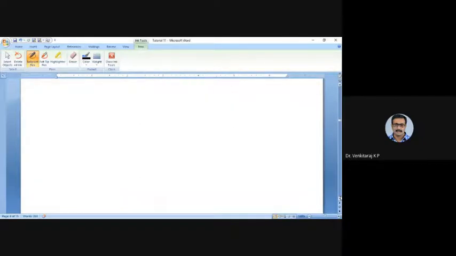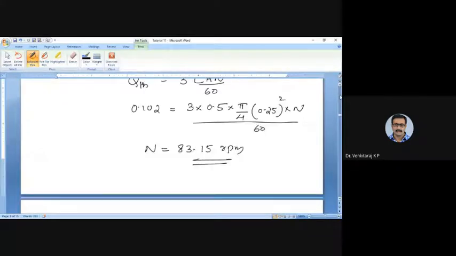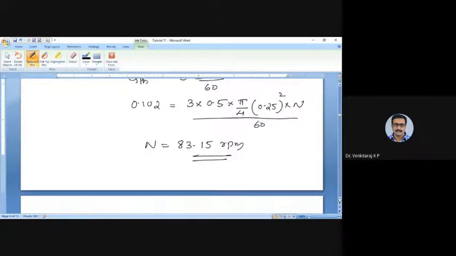Now we have to find the theoretical power, or the actual power requirement of the pump, that we can obtain from the given head values of the pump.